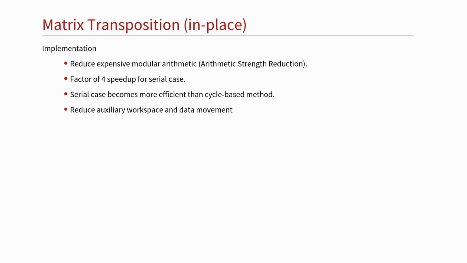Then we've made some other optimizations to this in-place transposition that got us a factor of 4 speedup. Essentially, the algorithm involves expensive modular arithmetic on every single index computation. We don't want to do that.